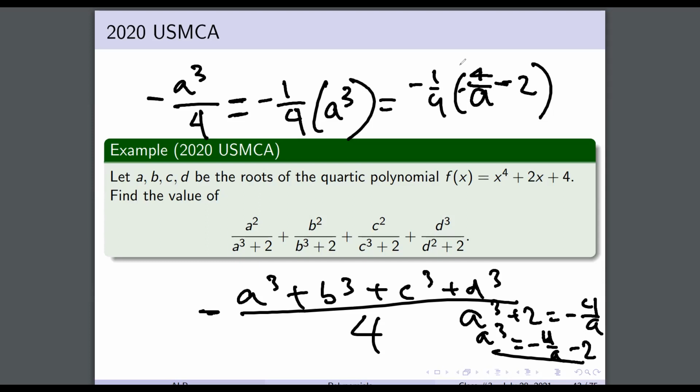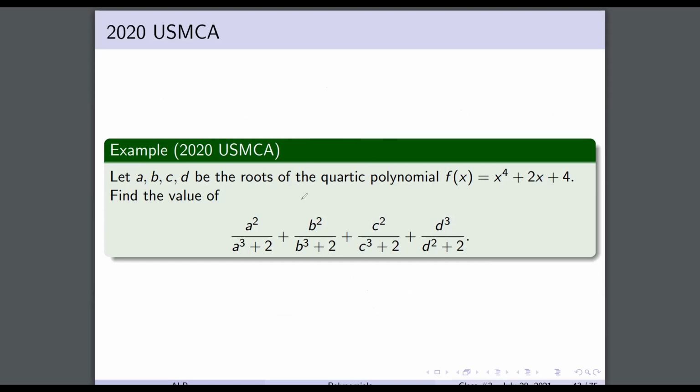So basically, let me clear some drawings. They're all drawings, I guess. So basically, we get that each expression is equal to 1 over a plus 1/2. And therefore, my thing is lagging.